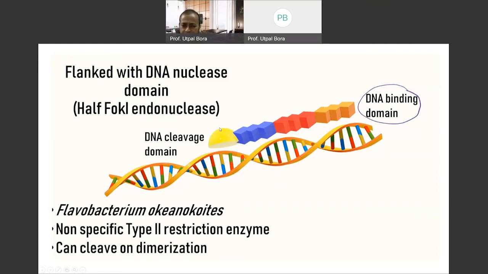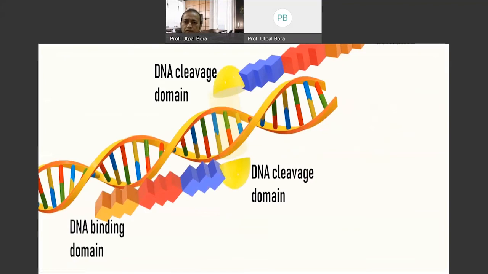They cannot cleave, they cannot cut unless they are dimerized. So we are providing them the other array of Zinc-finger fused with the FokI enzyme, which is the other monomer, the other part of the dimer.